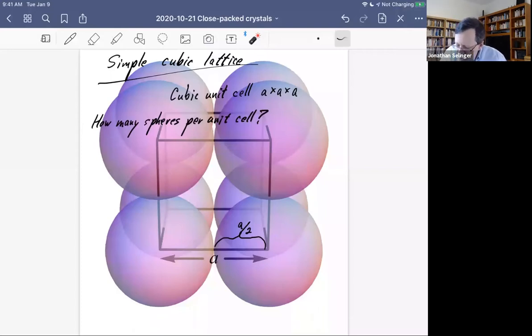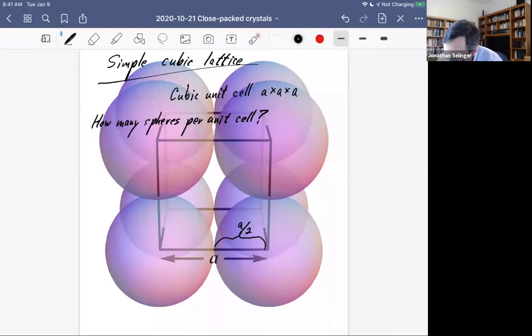But each of these spheres is only partly inside this cube, and it's partly inside each of the other cubes. So we can ask what fraction of each sphere is inside the cube. And that is like on Monday when we were cutting up slices of pizza, right? But here it's spherical pizza instead.